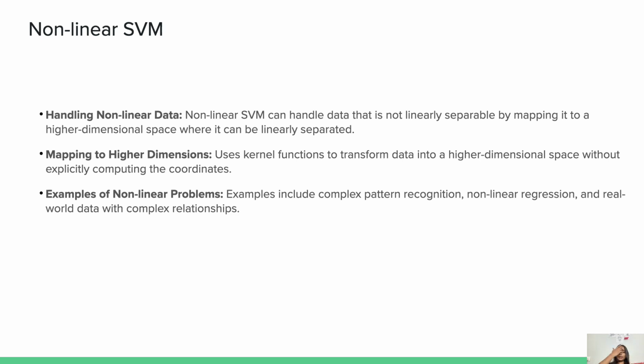Mapping to higher dimensions uses kernel functions to transform data into a higher dimensional space without explicitly computing the coordinates. Examples of non-linear problems include complex pattern recognition, non-linear regression, and real-world data with complex relationships.